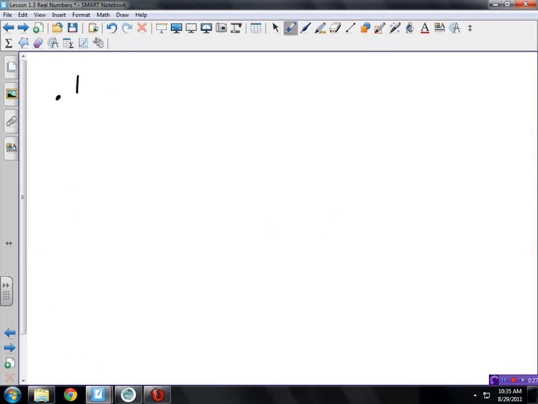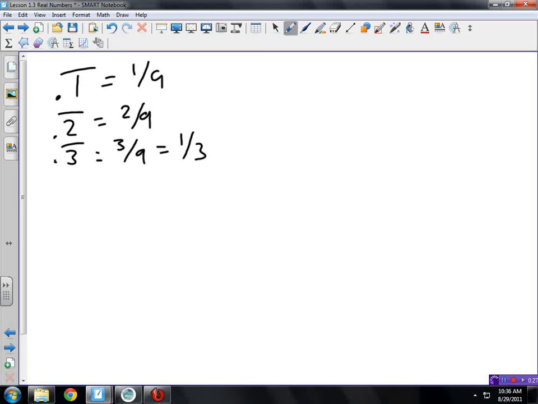So 0.1 repeating is equal to 1/9. 0.2 repeating is 2/9. What's 0.3 repeating? It's 3/9, but reduces to 1/3, and it goes on through all of them. This would be the simplest form.